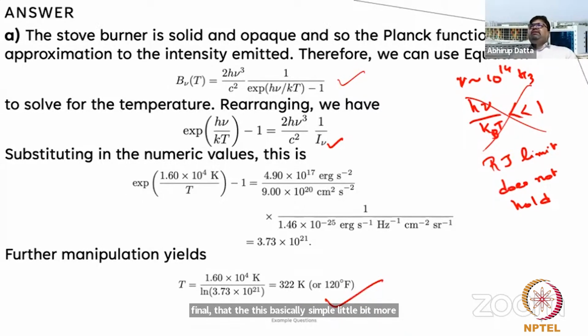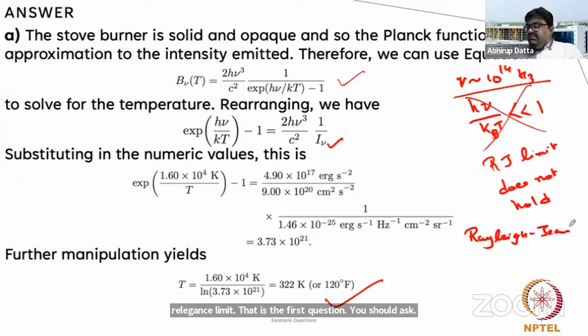This kind of problem comes up and is asked in an exam-like scenario. The first thing you have to understand is whether the frequency is low enough to apply the Rayleigh-Jeans limit. That is the first question you should ask yourself.